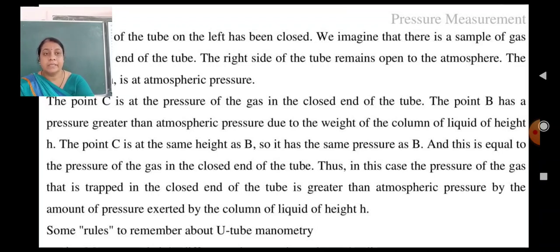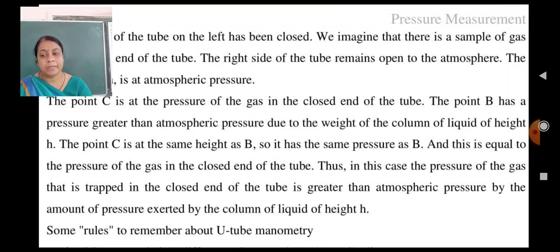Thus, in this case, the pressure of the gas trapped in the closed end of the tube is greater than atmospheric pressure by the amount of pressure exerted by the column of liquid of height h. In this manner, we are able to measure the pressure.